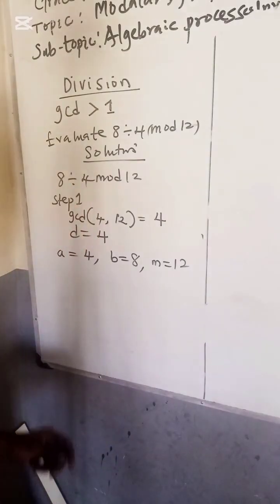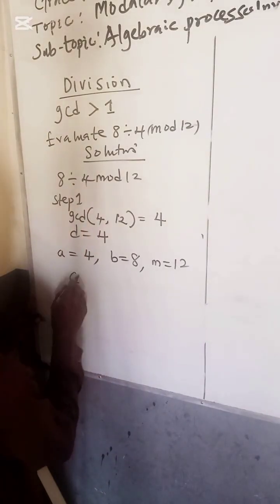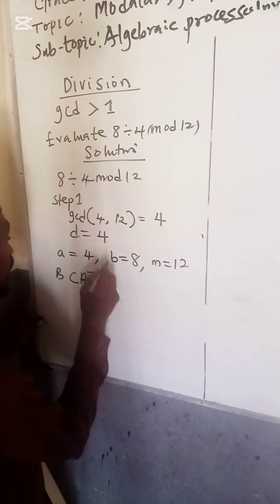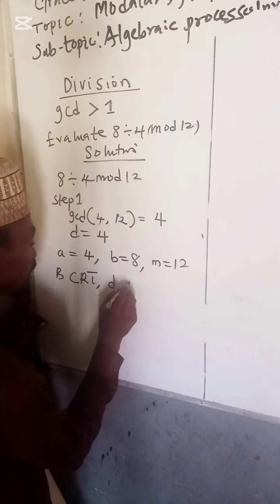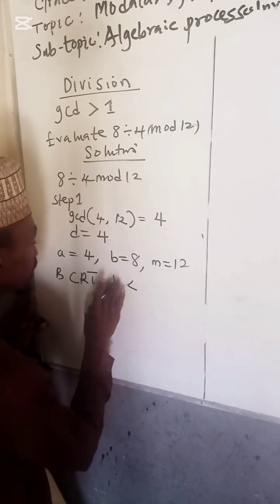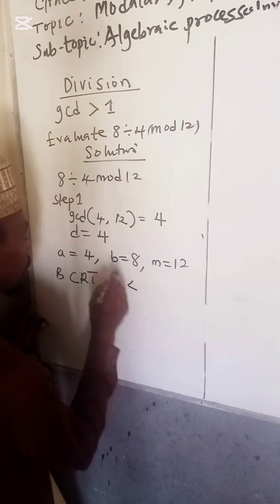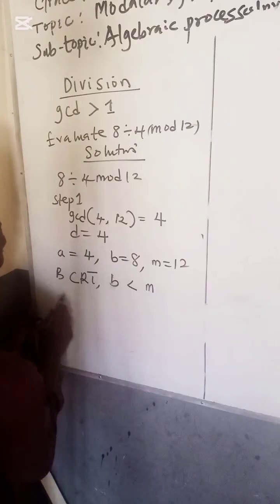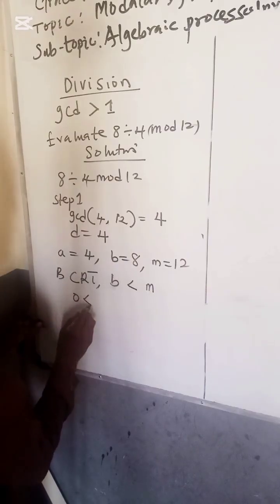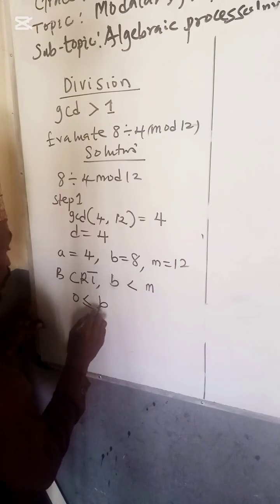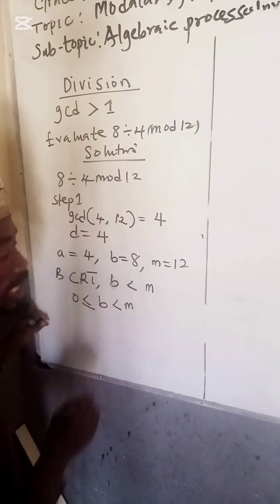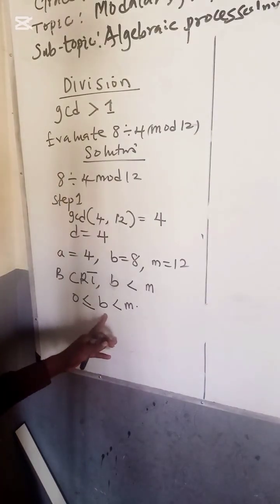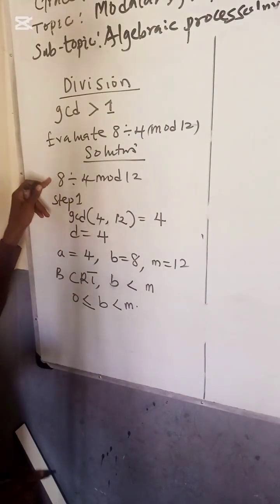We said before we use CRT, take note of this: the dividend, which is B, must be less than the modulus. That is, 0 is less than or equal to B, and B is less than M. Take note of this, because if our B is not less than M, we'll have to reduce B.